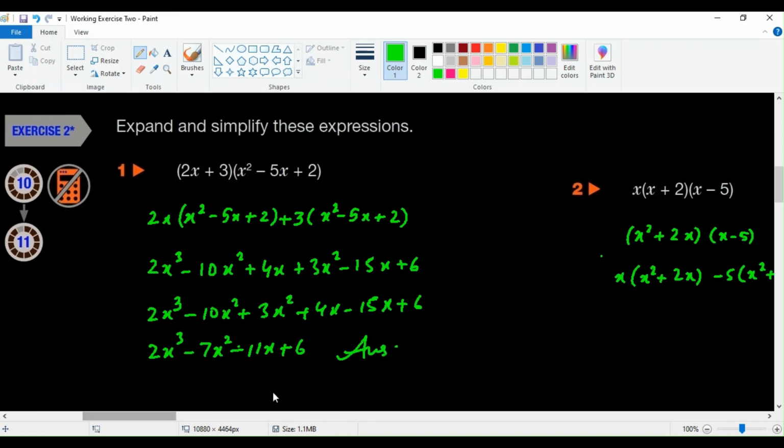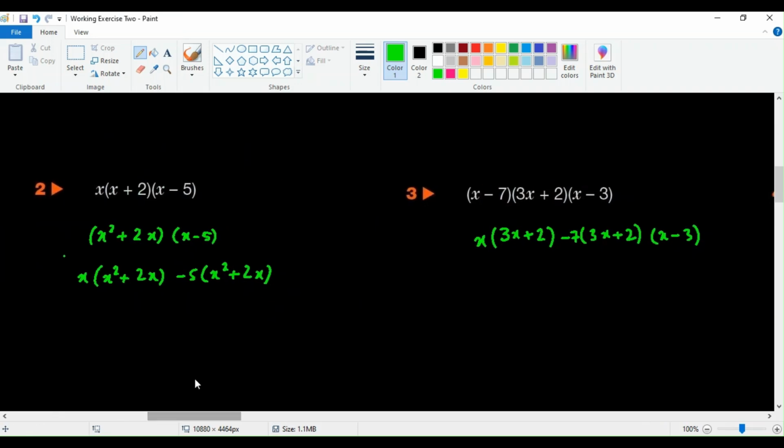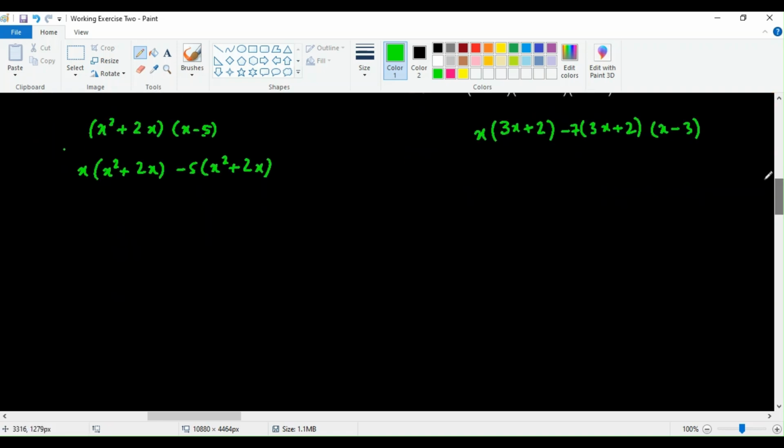When it comes to question number 2, it's going to be something like this. I have written that when these two are multiplied together, it gives us x squared plus 2x. So I have written this in the first bracket, and it's going to multiply by x minus 5. So x squared plus 2x I have written two different times and multiplied by x minus 5. Let's see what we get.